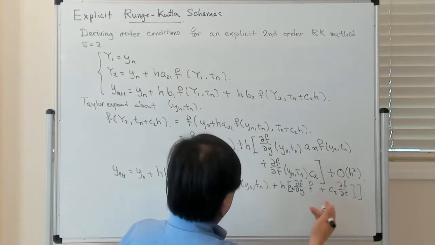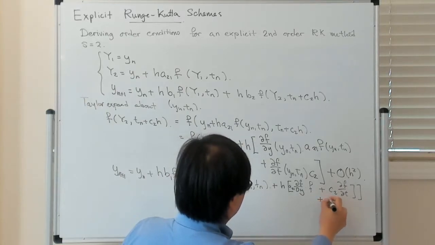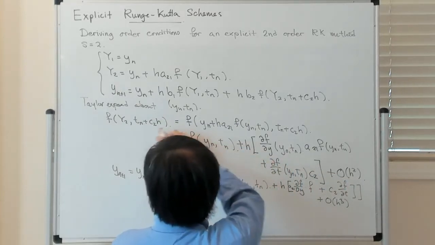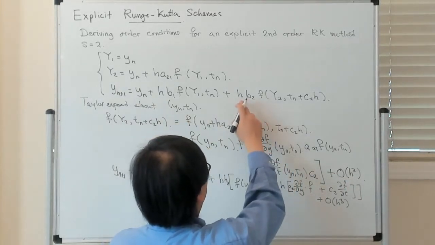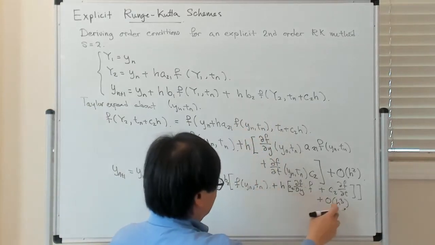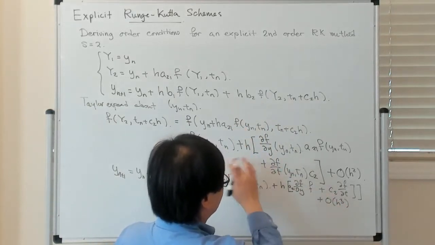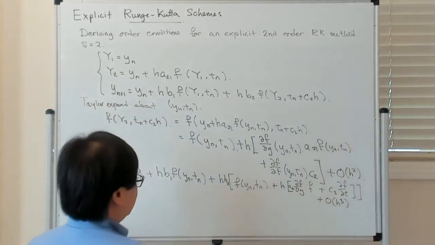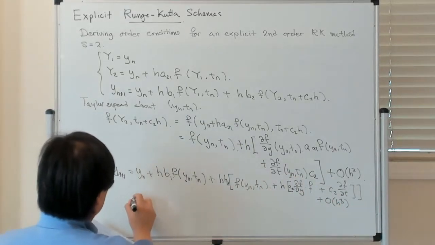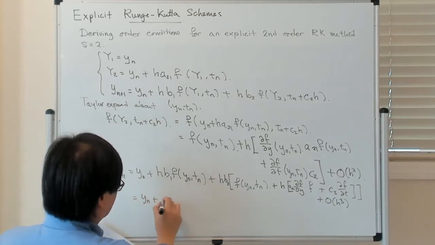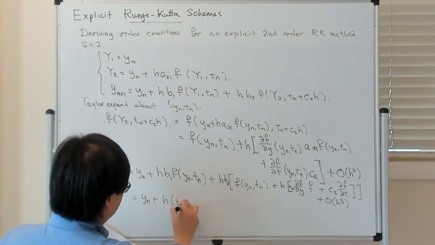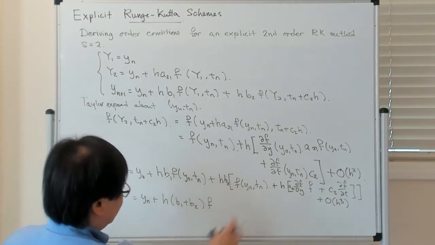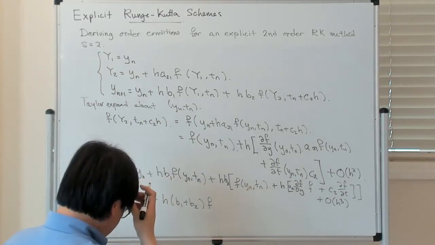And now the error I'm making is of big O of order h cubed, because this f term is being multiplied by a prefactor of h. So the error which I've made in truncating this Taylor expansion just gives me something of order h cubed. So this is yn plus h times (b1 plus b2) f. Again, I've omitted the yn, tn term.